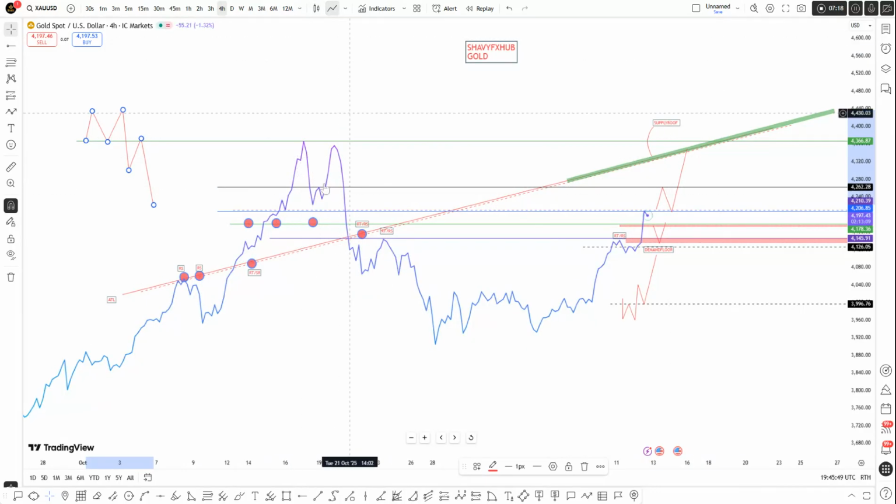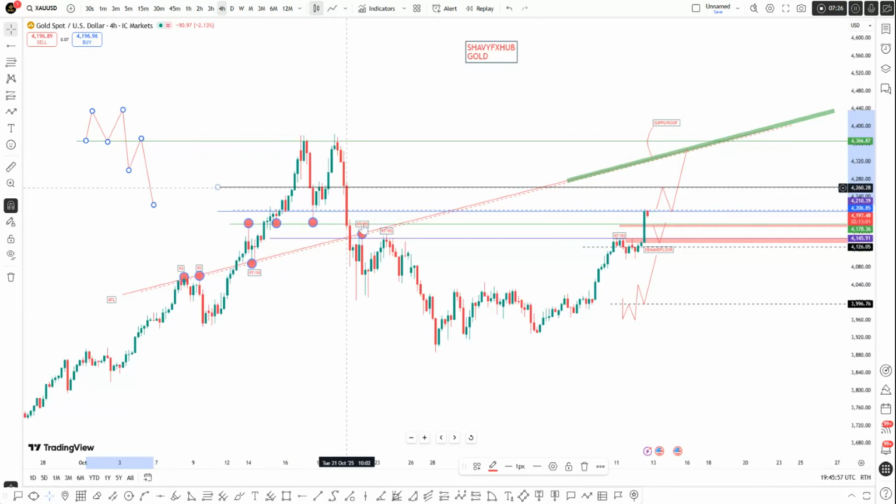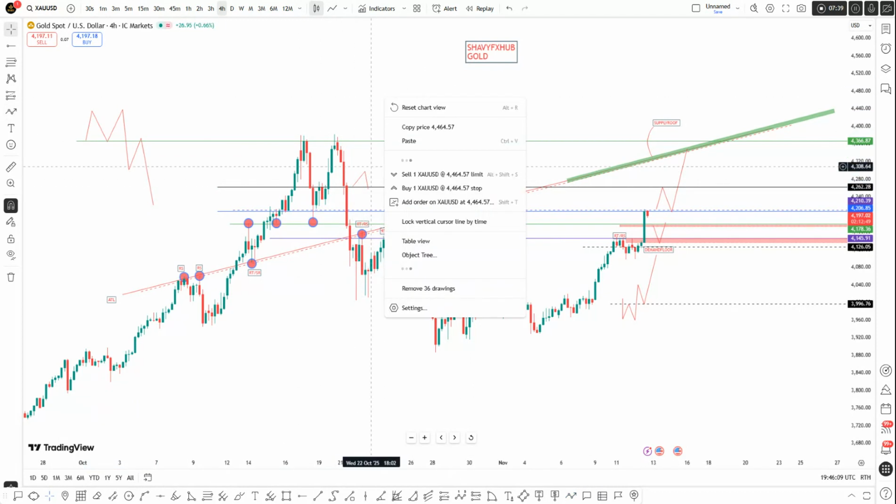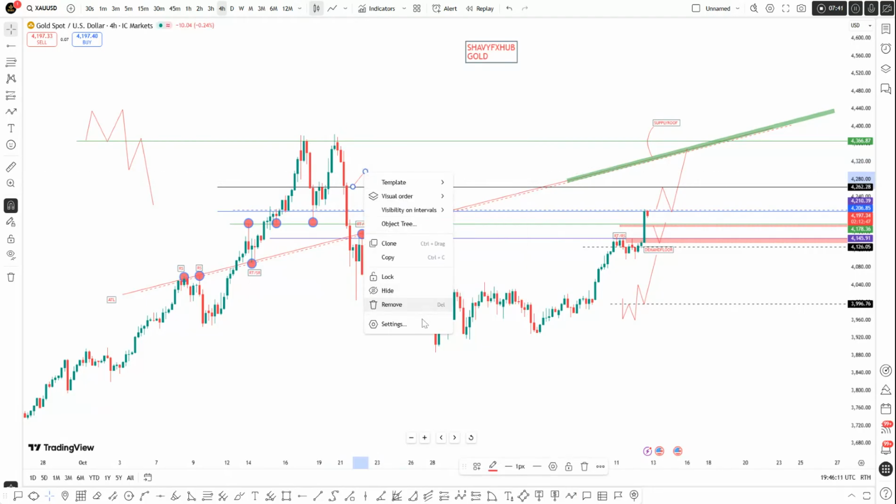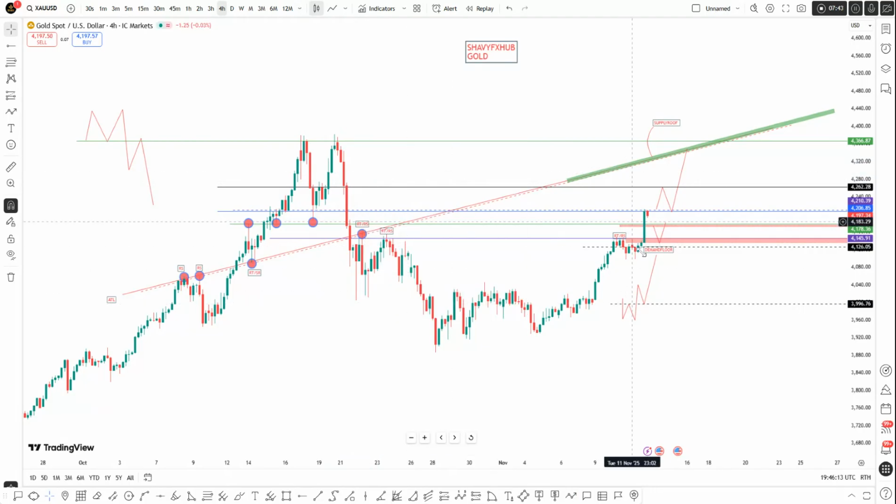This is a W structure, a reversal price action that flipped to an M structure, and technically the price action here should have been a buy, but that failed. What we should have had here was a reversal, but the market sought a deeper correction after a heavy rally. So I think we're still under intense bearish pressure.